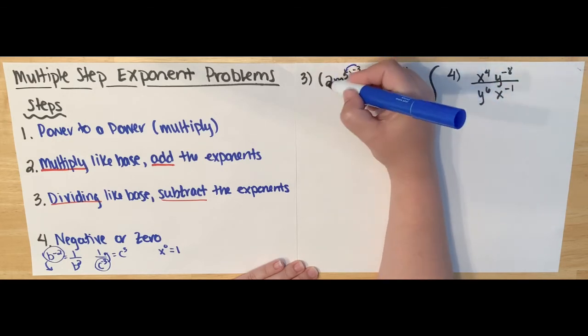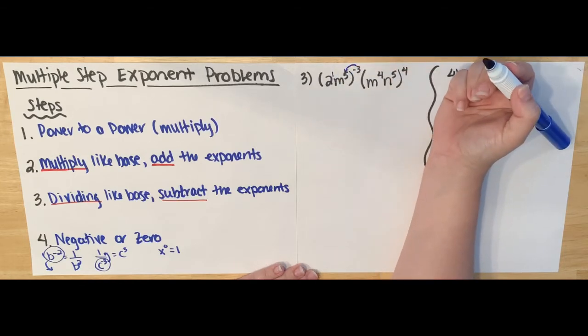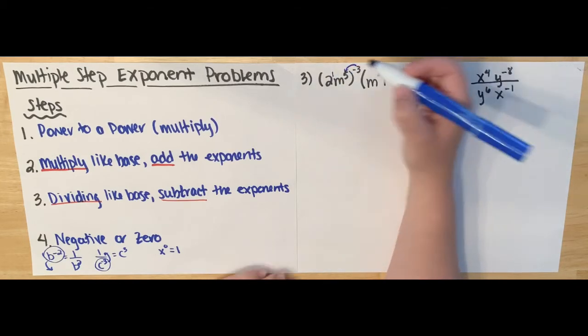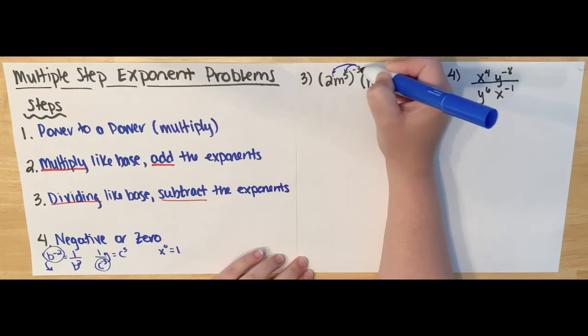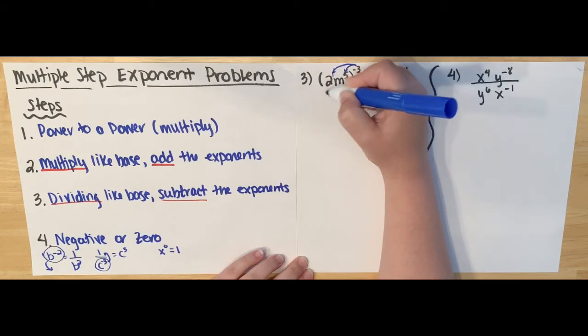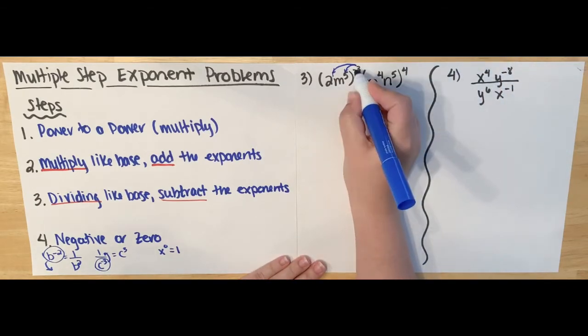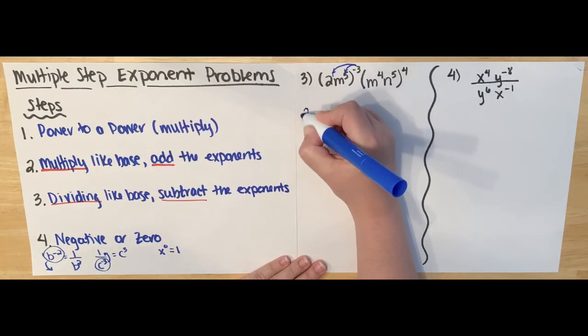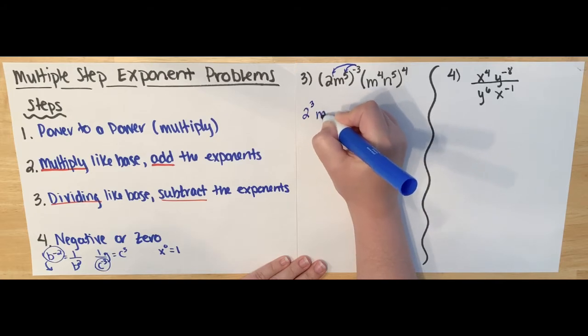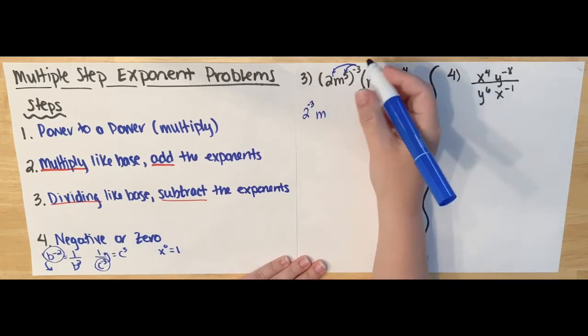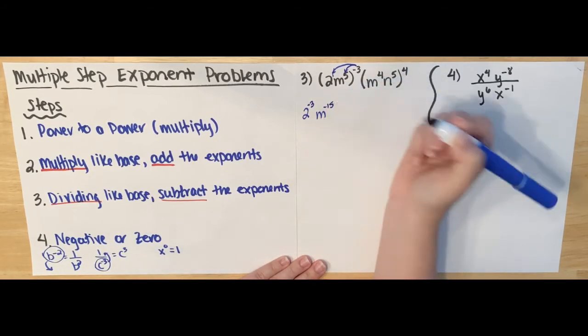So even though I'm not seeing an exponent on 2, remember there's always a 1 implied on any base you have that you do not see an exponent written. And this 3 is applying to all the parts inside. It's kind of like distributive property. So I'm distributing 3 to all the exponents inside, and I get 2 to the negative third, excuse me, and m to the negative fifth.